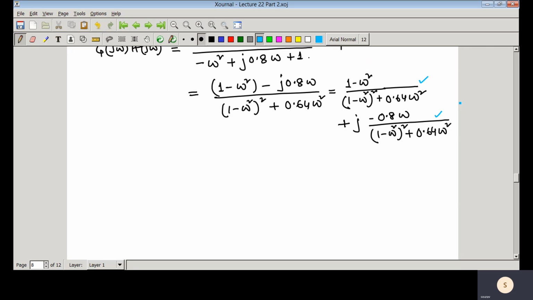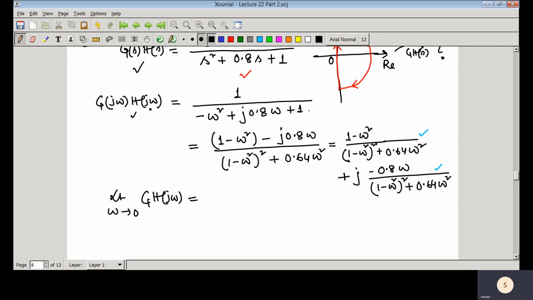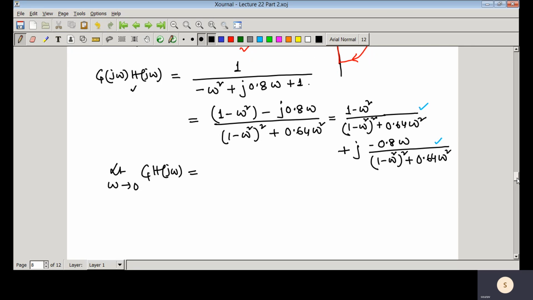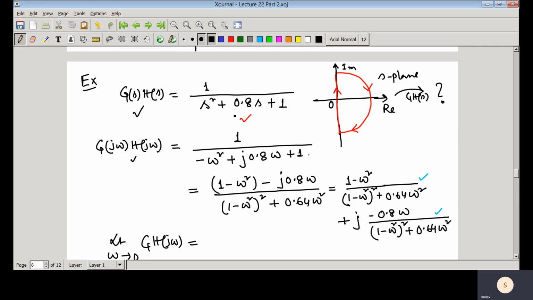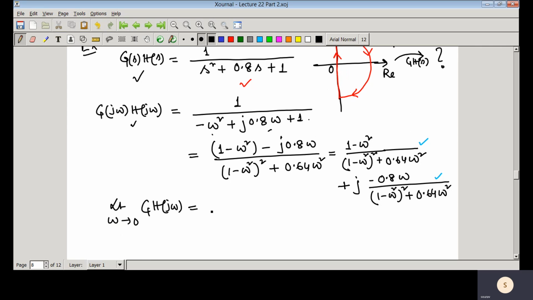Now the second step is we need to find what would be the value when omega is tending to 0. So when omega is tending to 0, we can see here that is G of s, H of s, that is this one, and when omega is tending to 0, that is equal to 1, that is 1 angle 0.